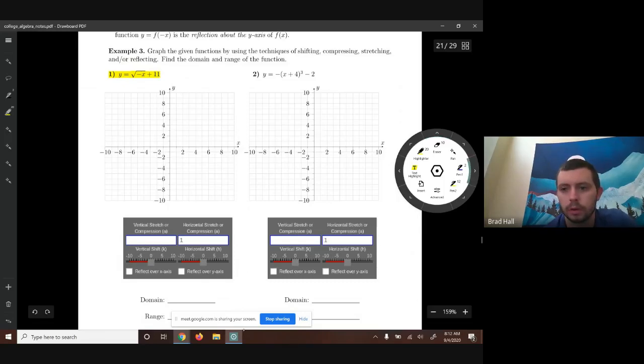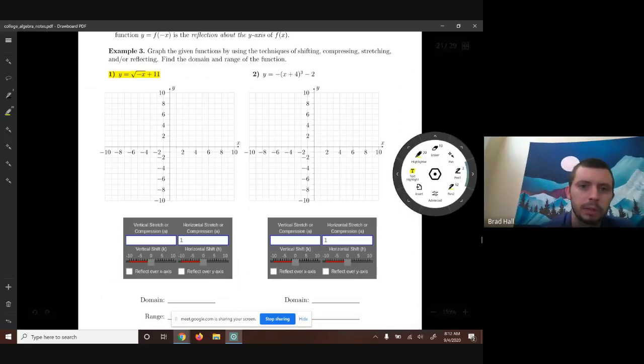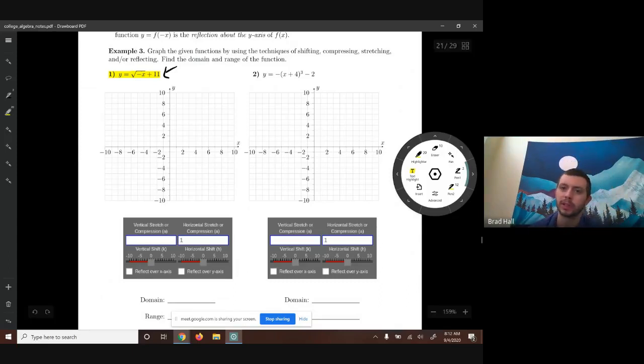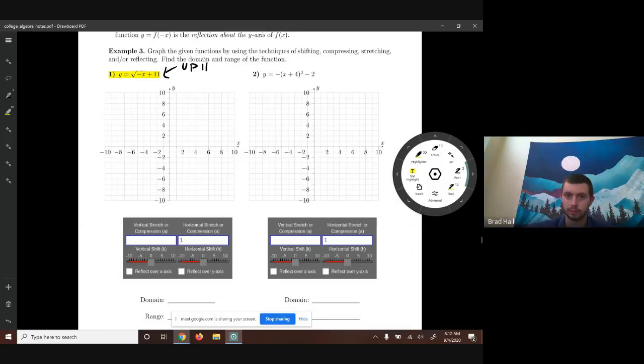Okay, so the plus 11 here, since the 11 is being added to the whole function, it means we're going up 11. Remember, up or down is a verbatim operation. So if it says plus 11, you go up 11.